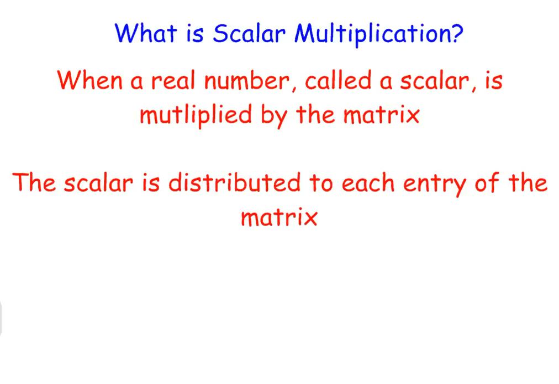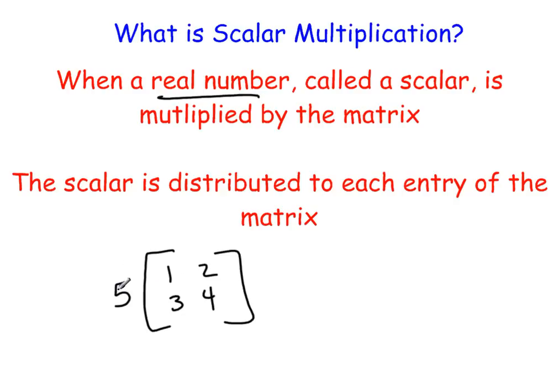The next thing we're also going to talk about is scalar multiplication. It's when a real number, which we call a scalar, is multiplied by the matrix. The scalar is distributed to each entry of the matrix. So let's just do an easy matrix, 1, 2, 3, 4, a square matrix. If I put a 5 in front, this is called a scalar. It's the number that's multiplied. It's a real number multiplied by a matrix.